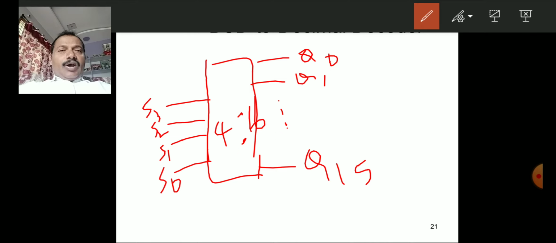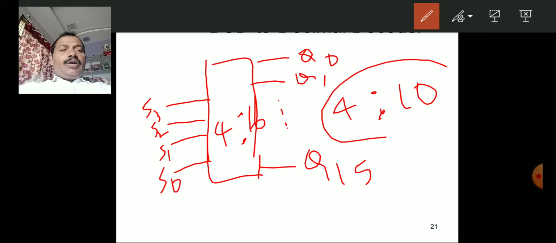But our objective is a BCD to decimal decoder. That means we want to design a 4 to 10 decoder, because decimal digits are from 0 to 9 only, hence 4 to 10. BCD has a 4-bit binary code.